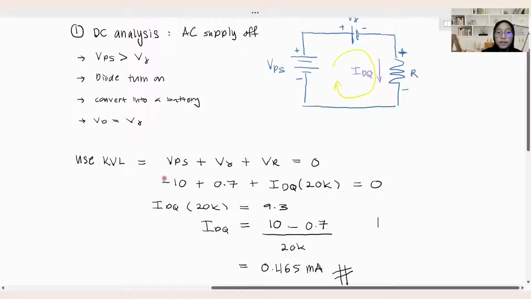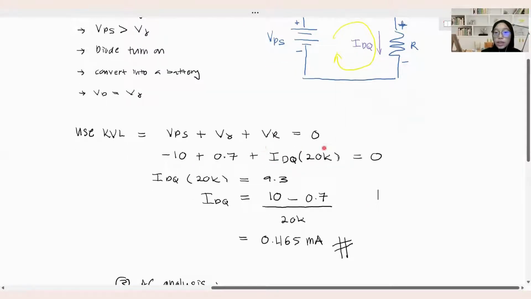Then V gamma starts with positive, so it is positive, and it is the same with VR. For VR, we use the V equals IR formula, so this is I, this is R, equals 0. Then we get IDQ equal to 0.465 milliampere.